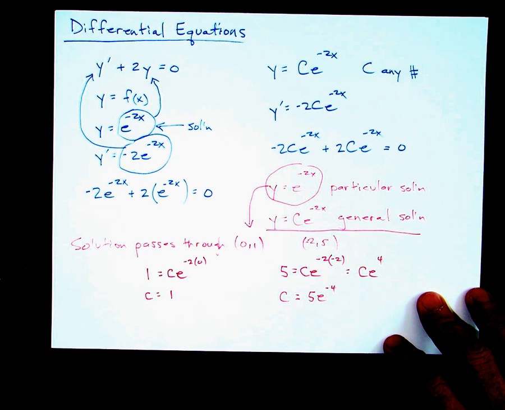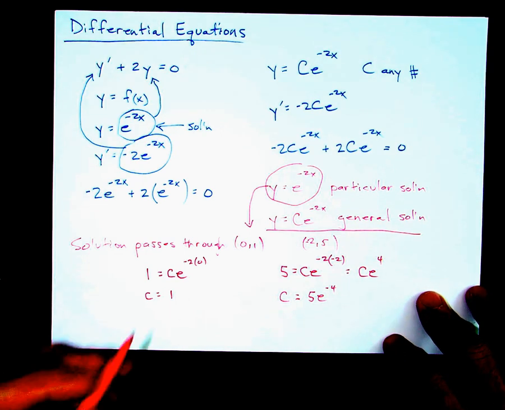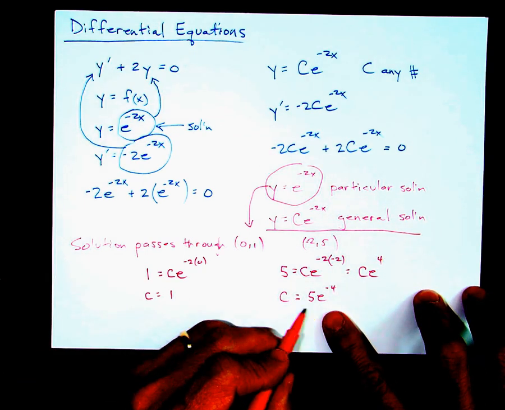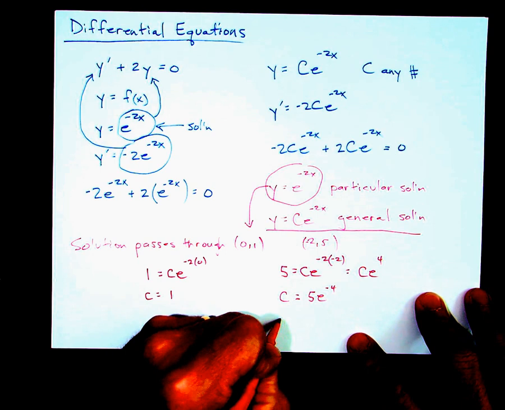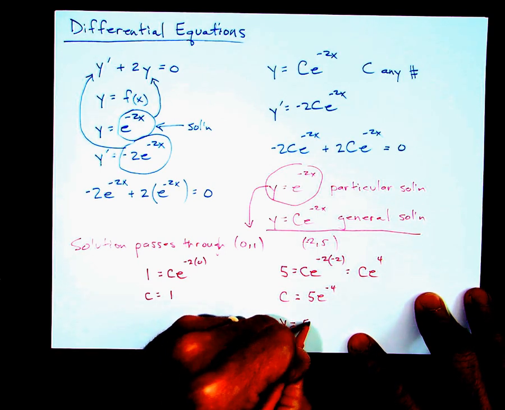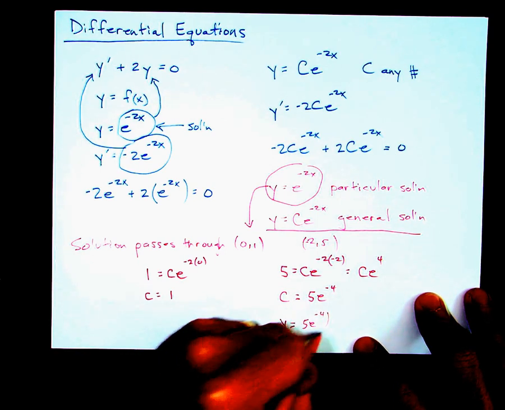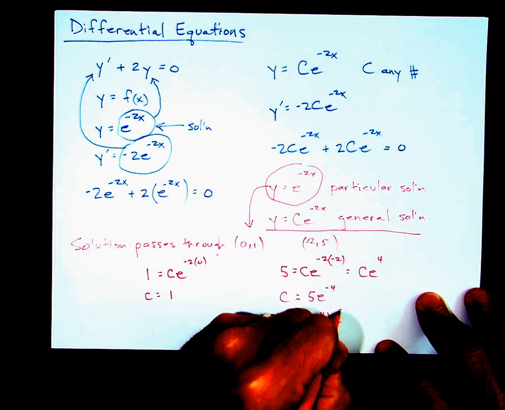So, not a nice number like 1, but this is a different particular solution. I would end up with y equals 5e to the -4 times e to the -2x.